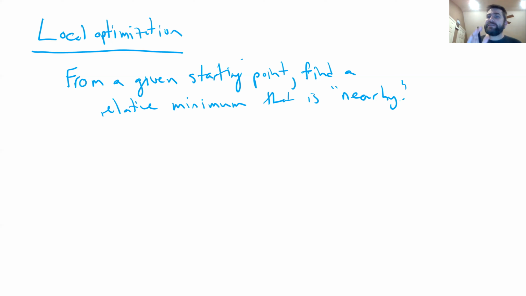And what this means is that as long as we find a relative minimum from our starting point, we can say that we've solved the problem. Most importantly, we are not asking to find the relative minimum that is closest to our starting point.